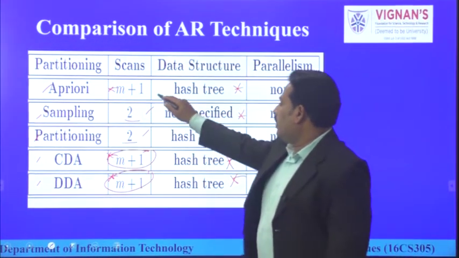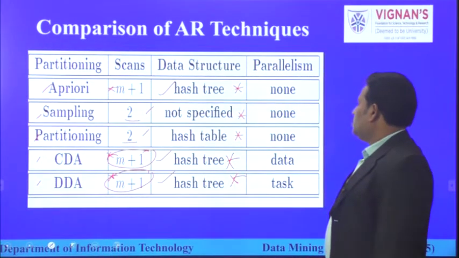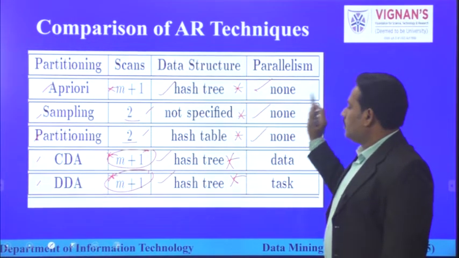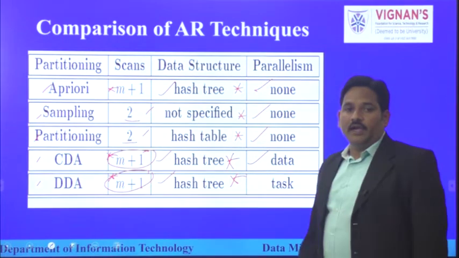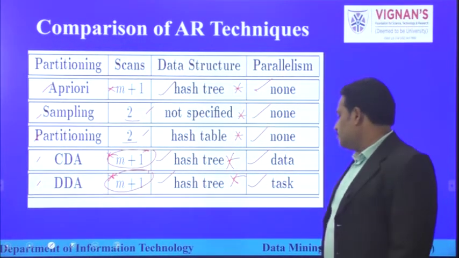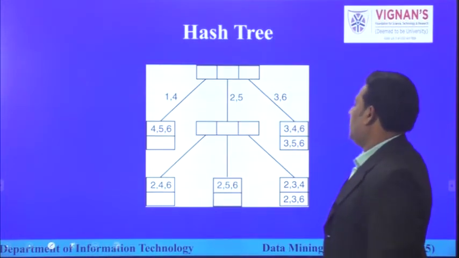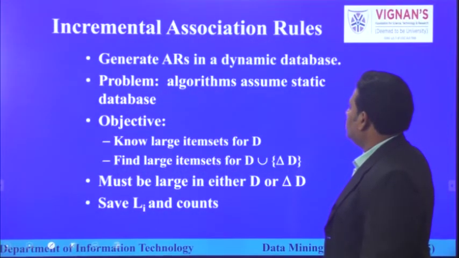That is, a priori, CDA and DDA are based on the hash tree approach. For parallelism, there is none in a priori, sampling and partitioning. Only in CDA do we apply data parallelism, and in DDA task parallelism. Now this is a way of creating a hash tree, showing all possible elements of the hash tree.